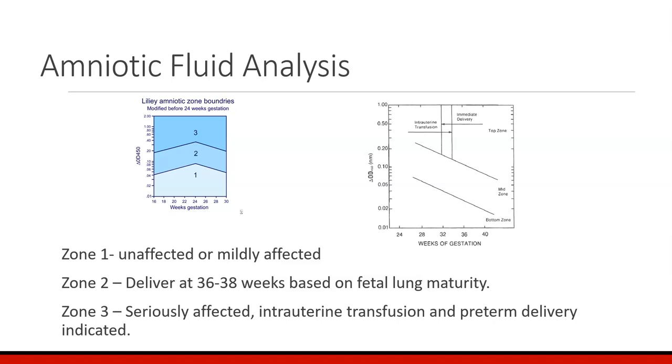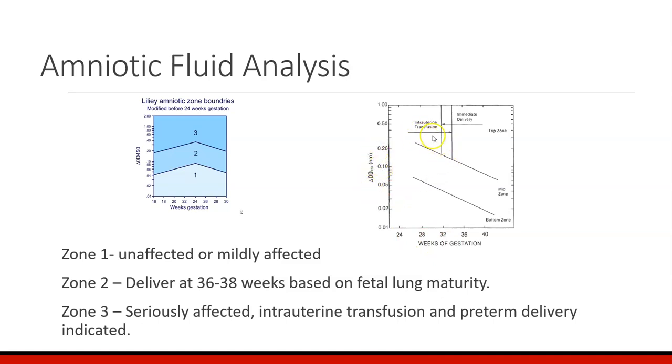Zone 2, deliver at 36 to 38 weeks based on fetal lung maturity. And then Zone 3 is seriously affected: either intrauterine transfusions, if they're not born yet, or preterm delivery if indicated. And if you look at this chart on the right, here's the weeks of gestation, here's the OD reading at 450 nanometers.